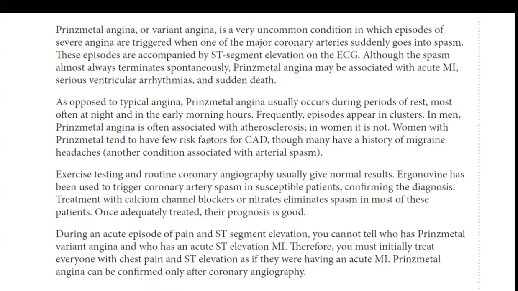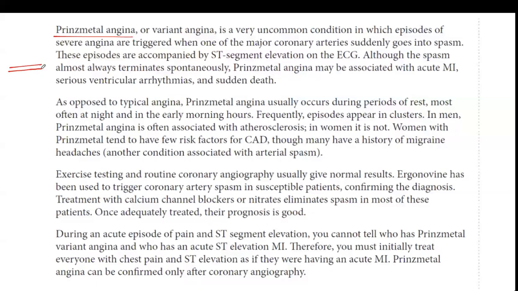So coming to another variation of chest pain called variant angina or Prinzmetal angina. Prinzmetal angina is very uncommon, where the patient gets severe chest pain, but the pathophysiology is that their coronary artery goes into spasm.